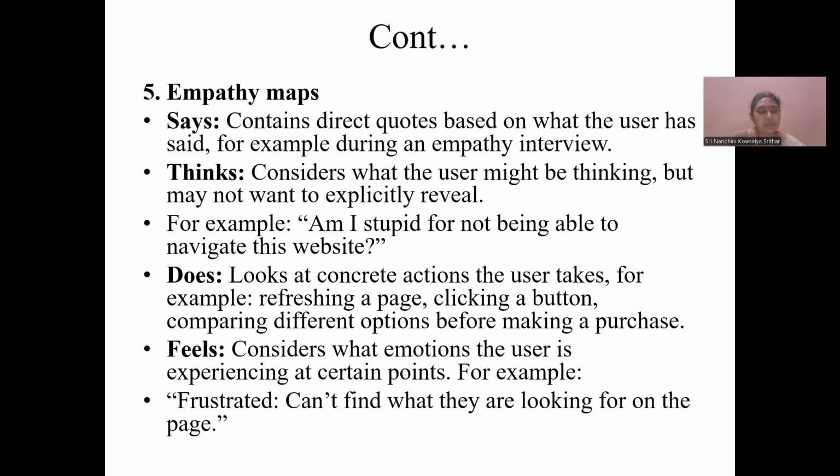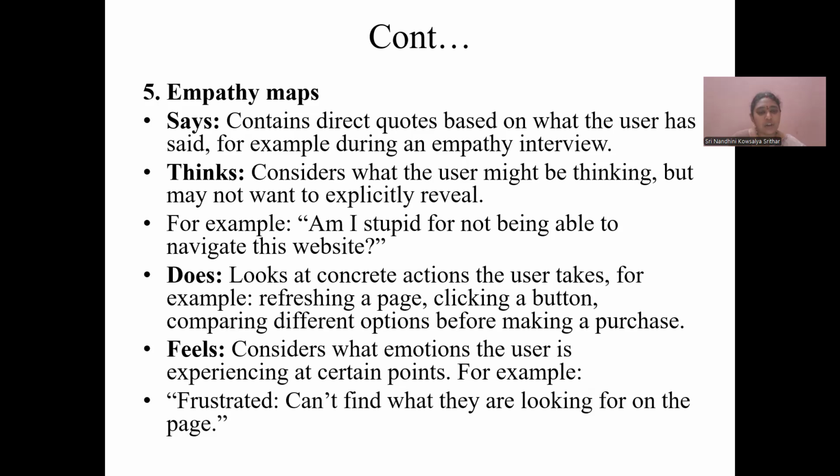Next, empathy maps. It gives four thoughts: says, thinks, does, and feels. Says contains direct quotes based on what the user has said, for example, during an empathy interview. Next, thinks. It considers what the user might be thinking but may not want to explicitly reveal. For example, am I stupid for not being able to navigate this website?